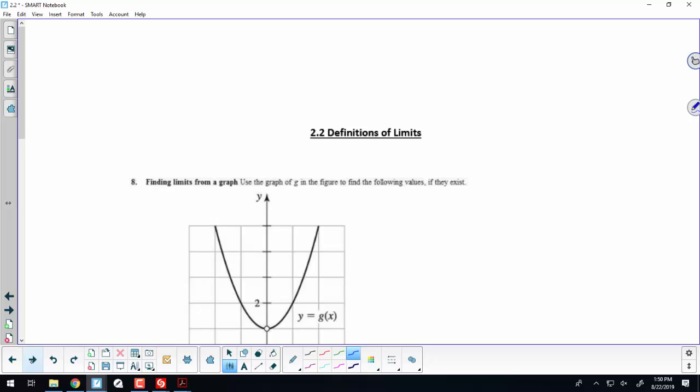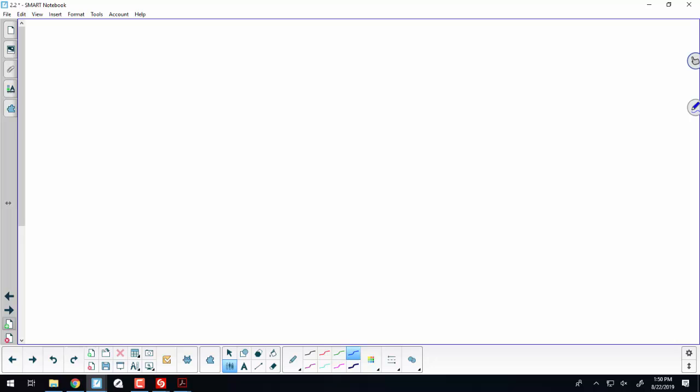We might come back to those if we have time. I'm just going to add this page here. Sorry that I didn't leave you a blank spot to write. But what we're going to look at is, in line with trying to answer this question, why can't we just graph functions to compute the limit?